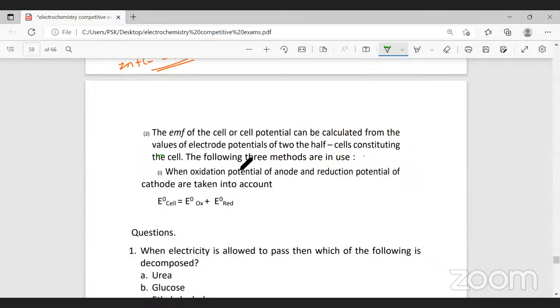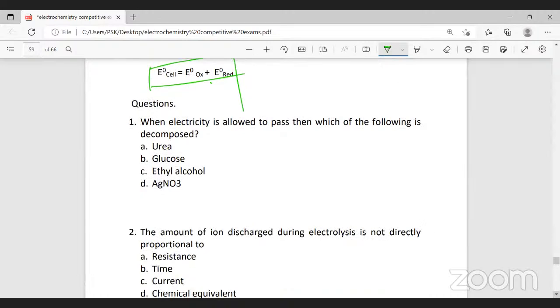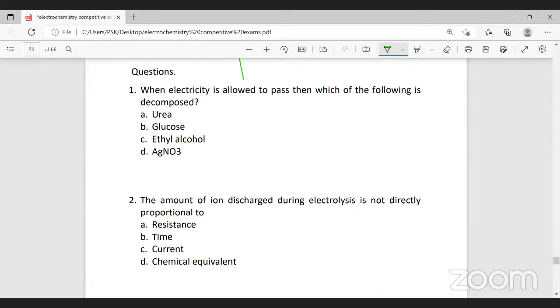When the oxidation potential of the anode and the reduction potential of the cathode are taken into account, we can calculate E cell as E naught cell equals electrode potential oxidation plus electrode potential reduction. This is one of the ways of calculating it. So we will learn some of the questions again, and then we'll try to wind up the electrochemistry chapter today.